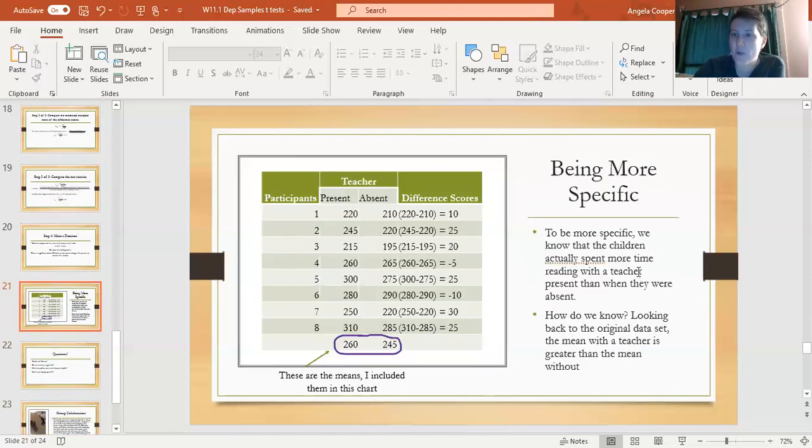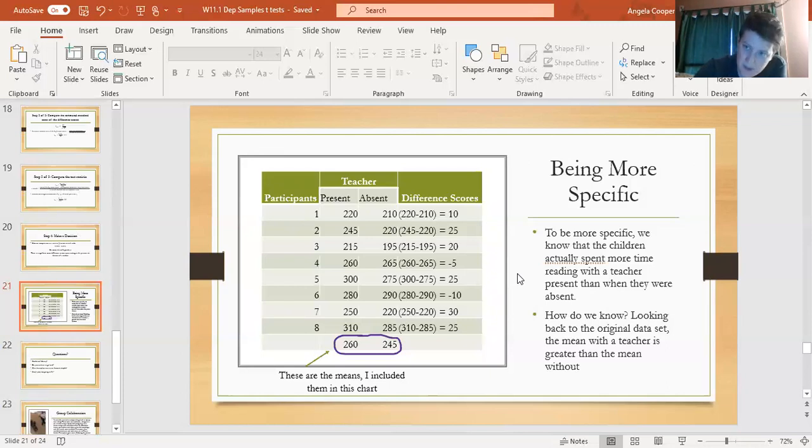Just to be a little more specific, I've simply taken the mean of each of the conditions here, 260, or excuse me, the mean. So 260 is the mean for the present, 245 is the mean for the absent.